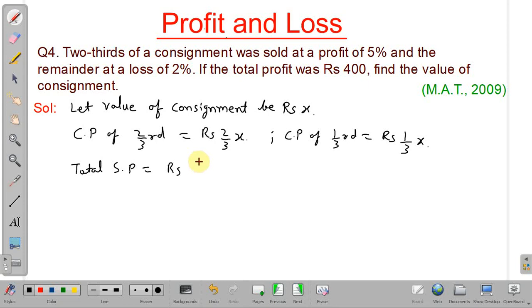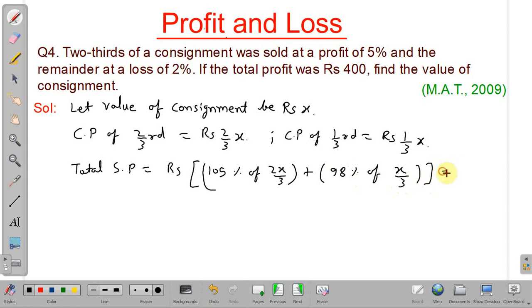So it will be 105% of 2x by 3 plus, since he is making a loss of 2%, it will be 100 minus 2, that is 98% of x by 3. Okay, and when you calculate, you will get this as rupees 77x by 75.